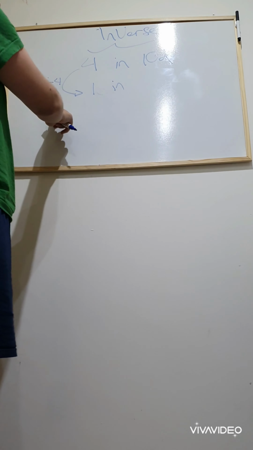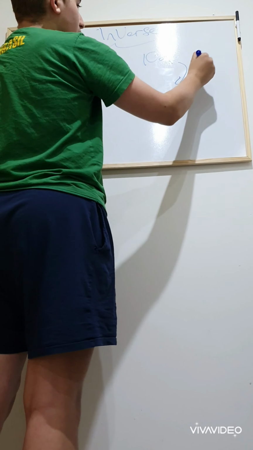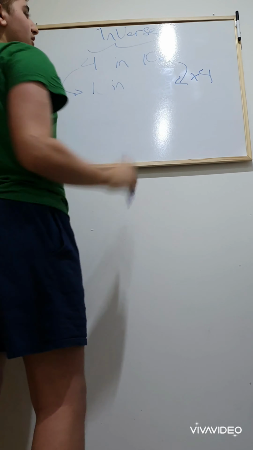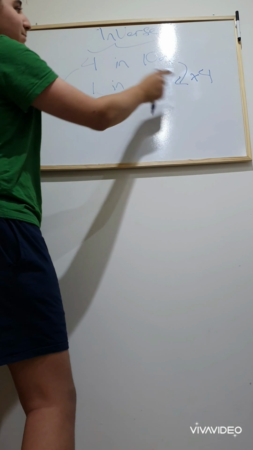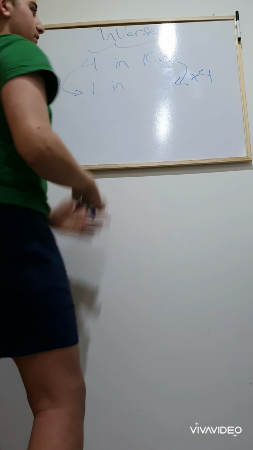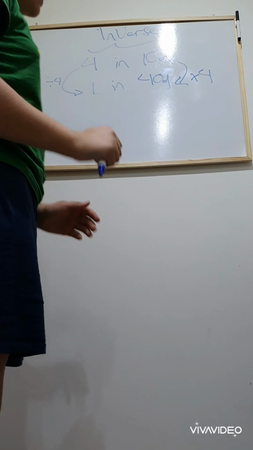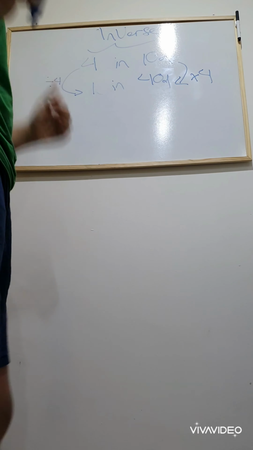So instead of dividing it by 4, you would times by 4, because the fewer the people, the longer the days. That's why they call it inverse, because it's not divide but times, so it's like opposite. 40 days.